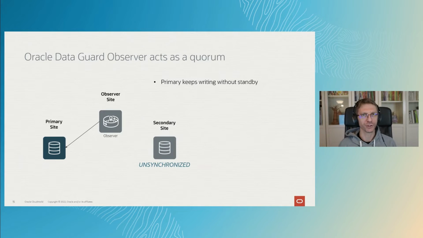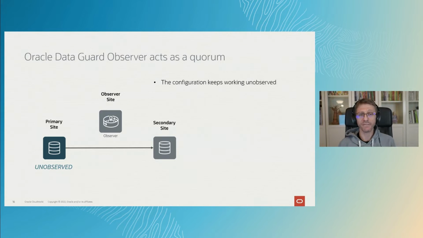So the primary has this notion of having a quorum on its side. If I lose the observer, well, the primary will still see the standby site and will keep replicating the data to the standby site. And the observer in that case will not be part of the game anymore. But you can still have multiple observers, for example, to give a high availability solution to the observer.